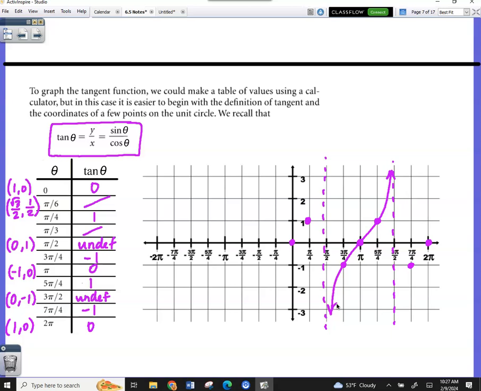If you look at the graph, you can kind of see the pattern here. Basically it's 1, 0, negative 1, asymptote. Asymptotes on every pi over 2. Then we got 1, 0, negative 1, asymptote. 1, 0, and keep going.